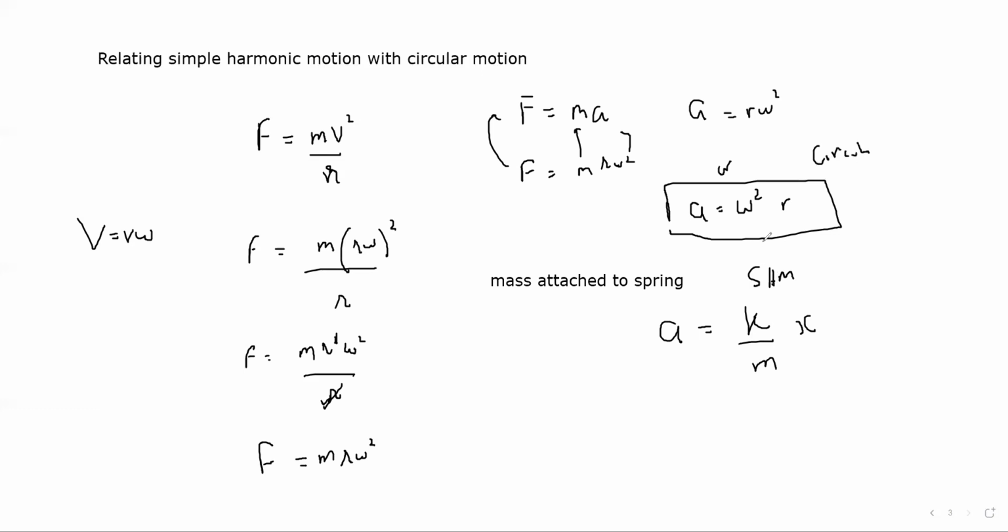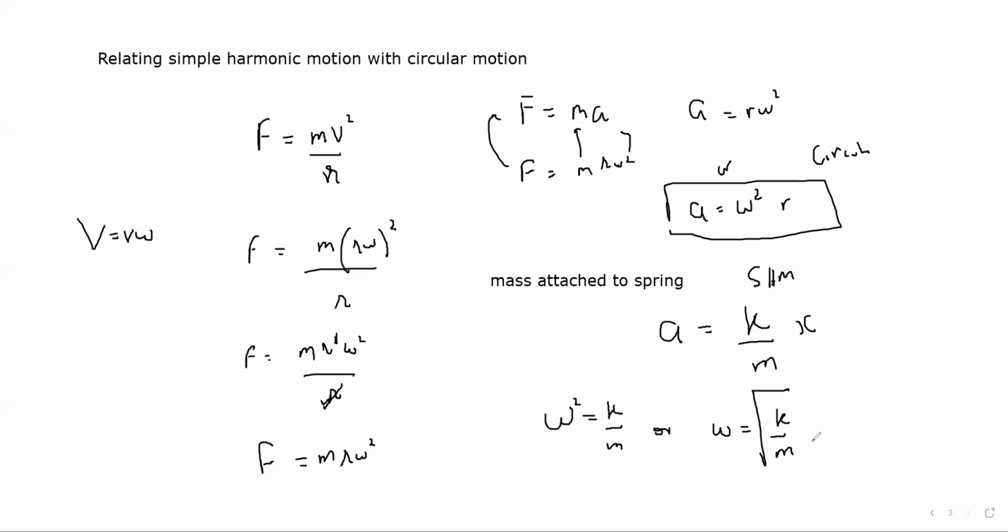So what I can do is compare the two equations. When I compare them, I can say that omega square is equal to k divided by m, or omega is equal to under root k divided by m. What is the meaning of this?